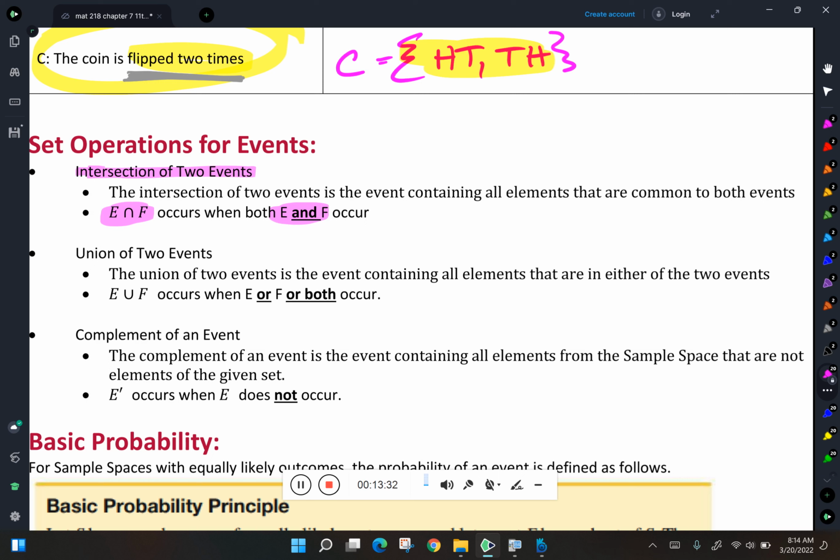So there's nothing new about this. We're just applying it in a new way. We know what a union means. So what does it mean if we're talking about events? It just means E or F or both occur. Now this one's a little tricky because of the word or. Because remember, we have to use the math or, the inclusive or, not the exclusive or.